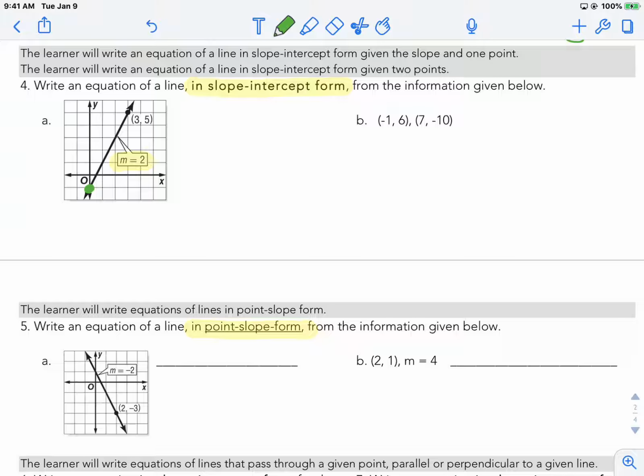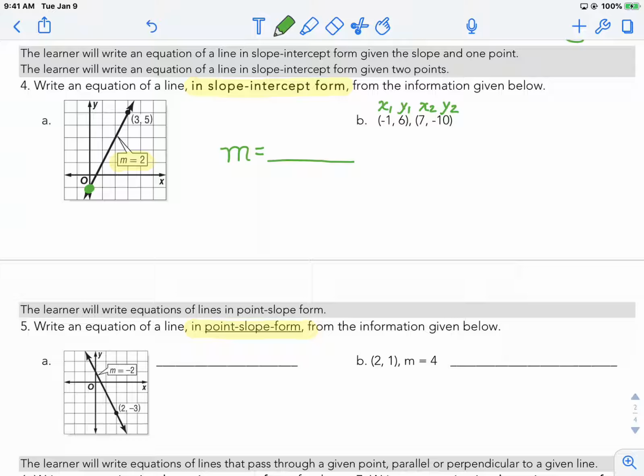In 4b, they did not provide the slope and the y-intercept. They provided neither one of them. So I've got to first see if I can come up with the slope, because between 2 points, I can write a formula and calculate slope. Some of you preferred to put the data in tables. Go ahead. So I'm going to label my x1, y1 and my x2, y2 in my ordered pairs.